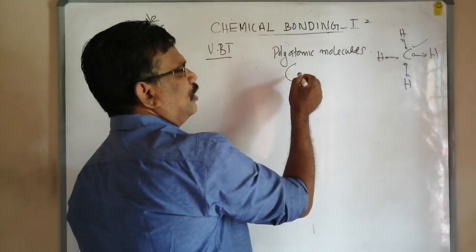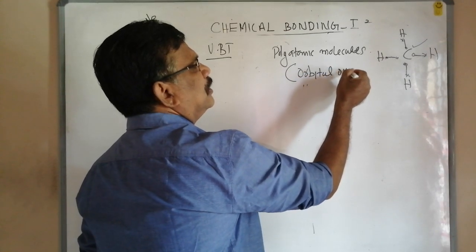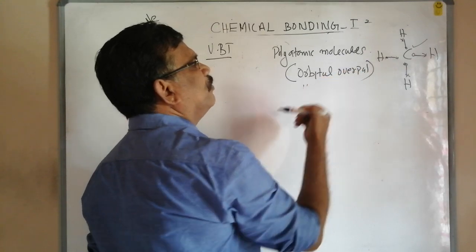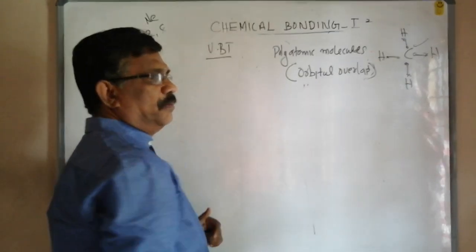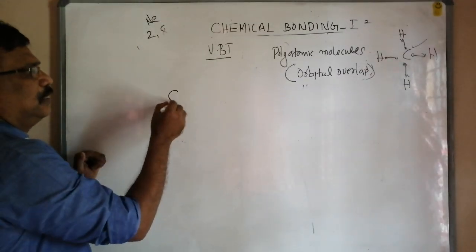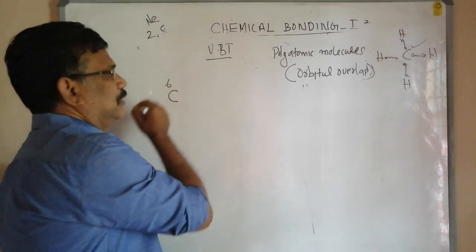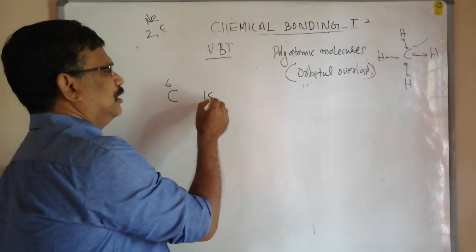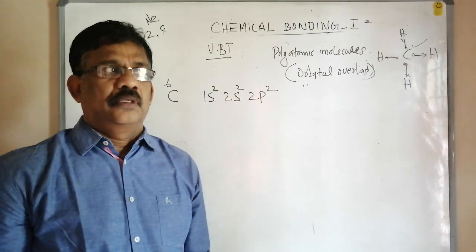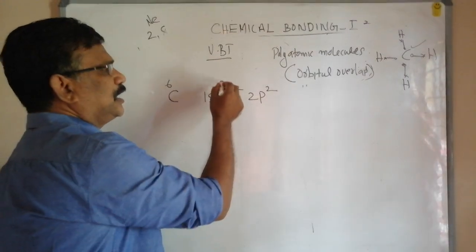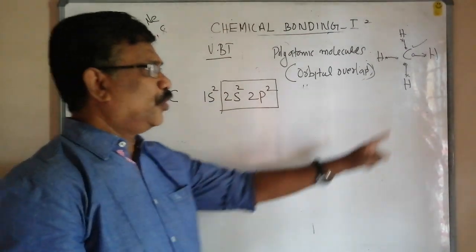In the case of a polyatomic molecule, the general thing is orbital overlap. Covalent bond is formed by orbital overlap. Okay. Methane, central atom carbon, atomic number 6. Electronic configuration 1s2, 2s2, 2p2. So the valence orbitals determine the valency. 2s2, 2p2, four electrons in the valence shell.